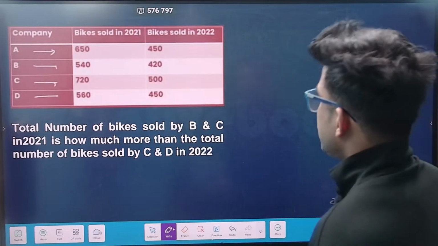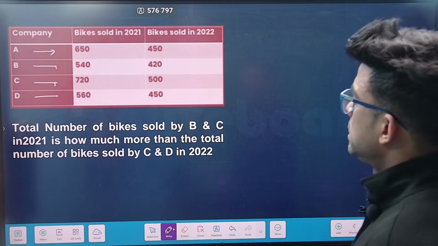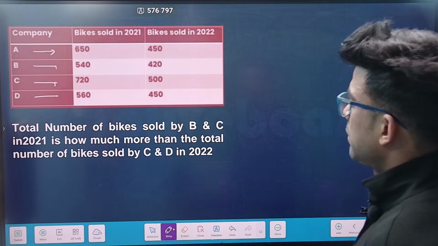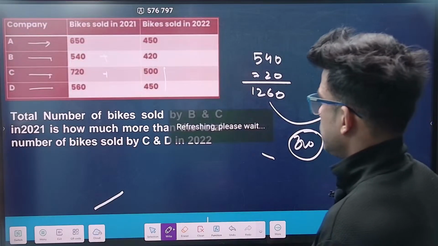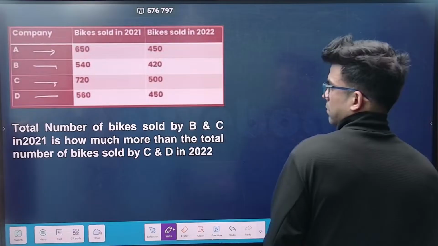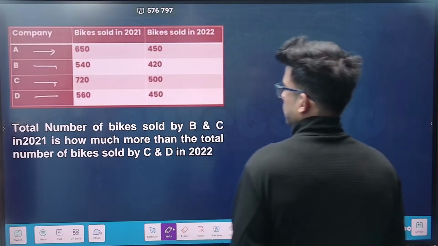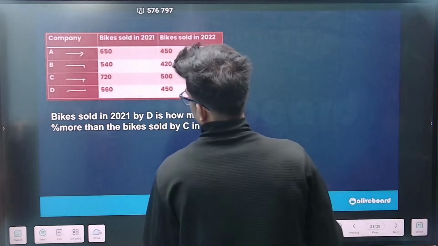Total number of bikes sold by B and C in 2021. B and C. This we have done right now. Solve this.